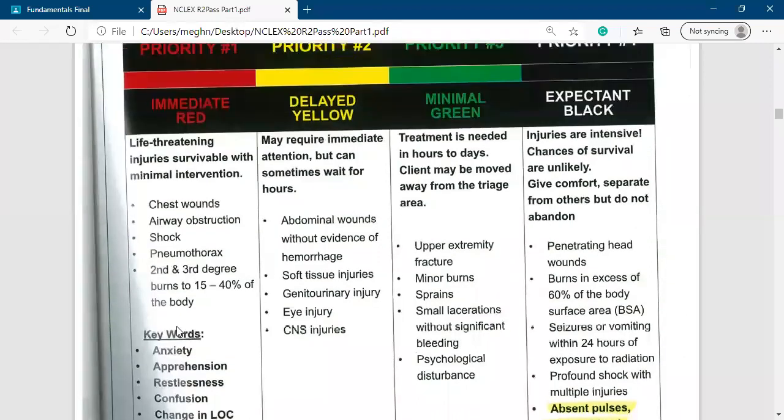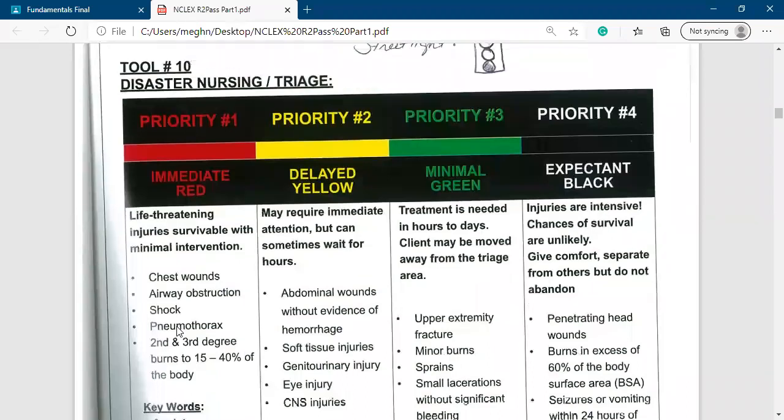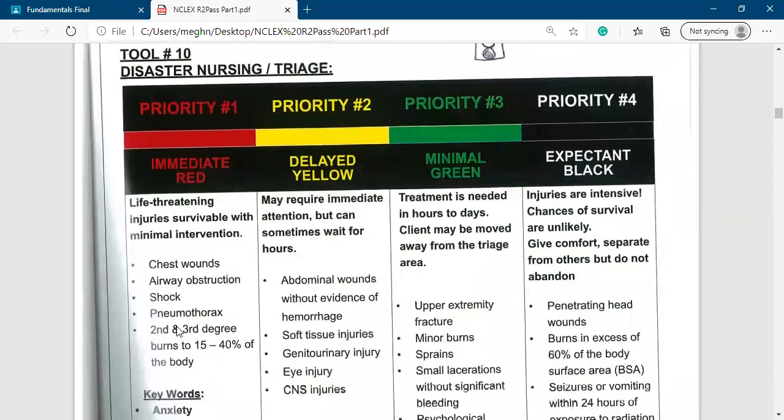Now let's go to category type 3, called class 3 or green tag. Class 3 or green tag is called minimal. So class 3 or green tag is a minor injury. A minor injury does not require immediate treatment like red tag or yellow tag.